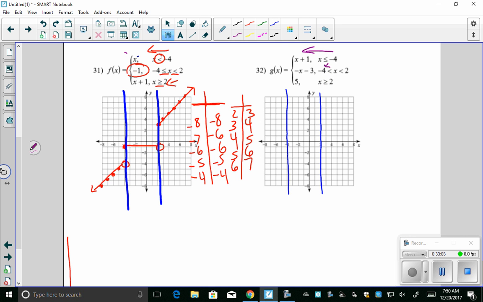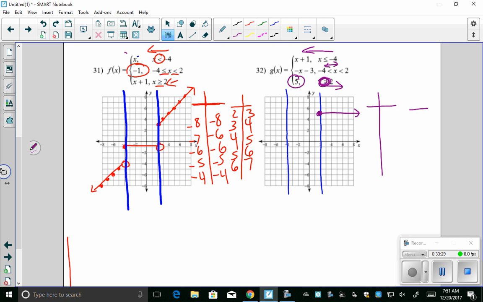This graph is kind of in between the 2 numbers, while this graph goes this way. The easiest one to plot is the number. You're going to put a closed circle at 2, 5, and it's going to be a straight line that goes that way.